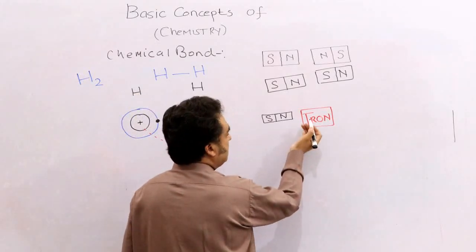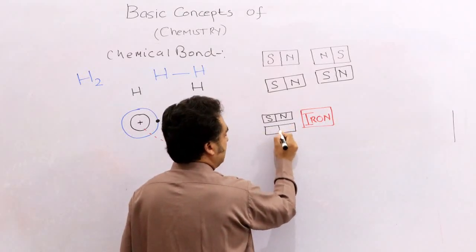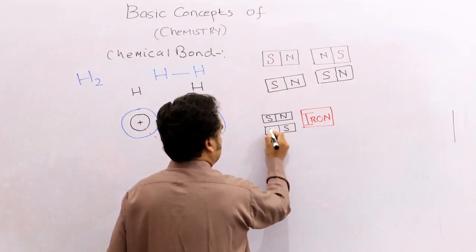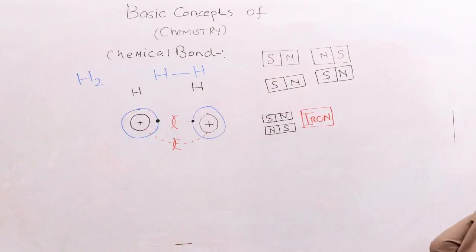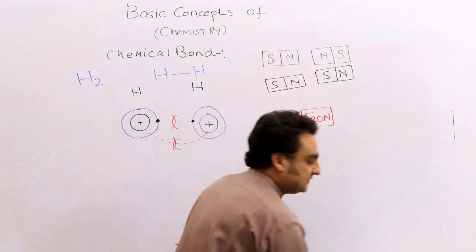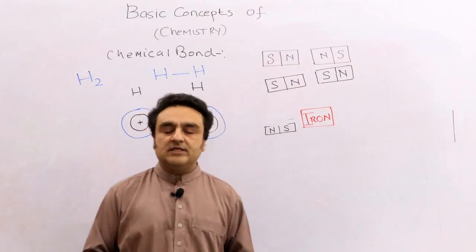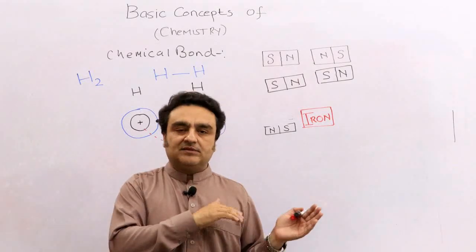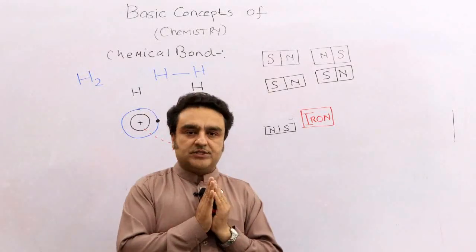Now if you have another magnet which has south and north here, in this case again the iron attracts. So the iron doesn't differentiate between the north and the south pole. It attracts both poles.